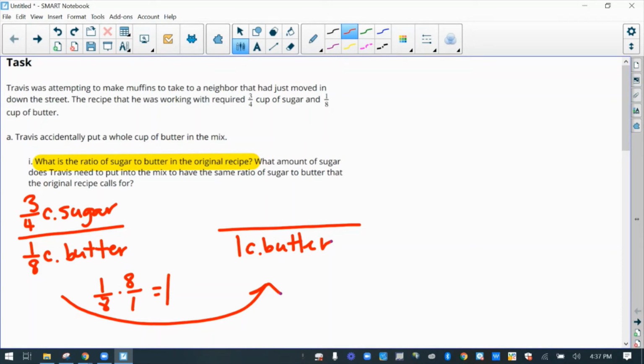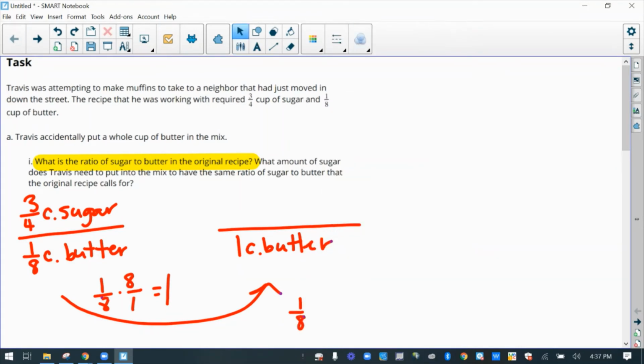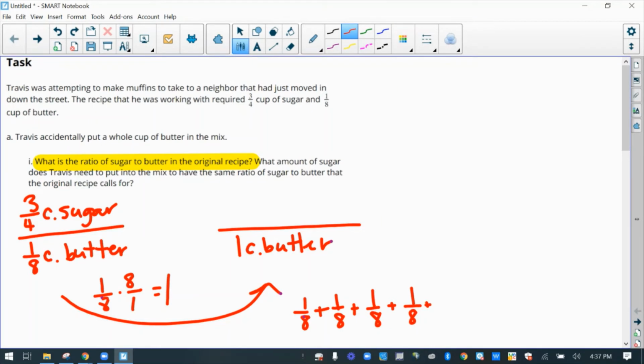Students learned this concept and why it works over the past several years. But basically, if I have a unit fraction like 1/8, I need 8 of those in order to make 1 whole. So if I need 8, I could add 1/8, 8 times, or I can just multiply it by 8, which is oftentimes much more efficient.